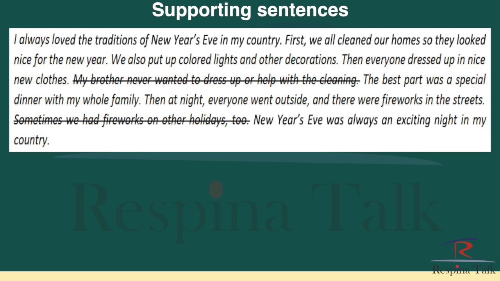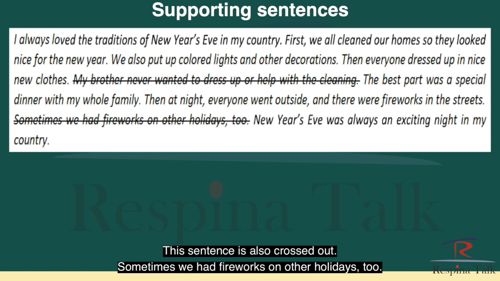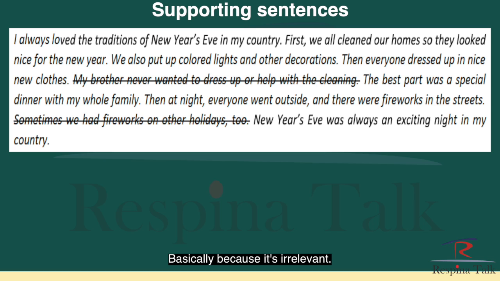The best part was a special dinner with my whole family. Then at night, everyone went outside and there were fireworks in the streets. Sometimes we had fireworks on other holidays too. Attention, this sentence is also crossed out, basically because it is irrelevant. And the last sentence, New Year's Eve was always an exciting night in my country.